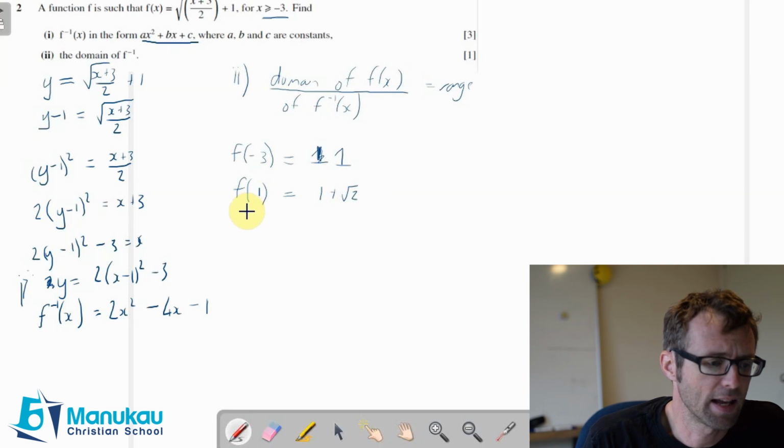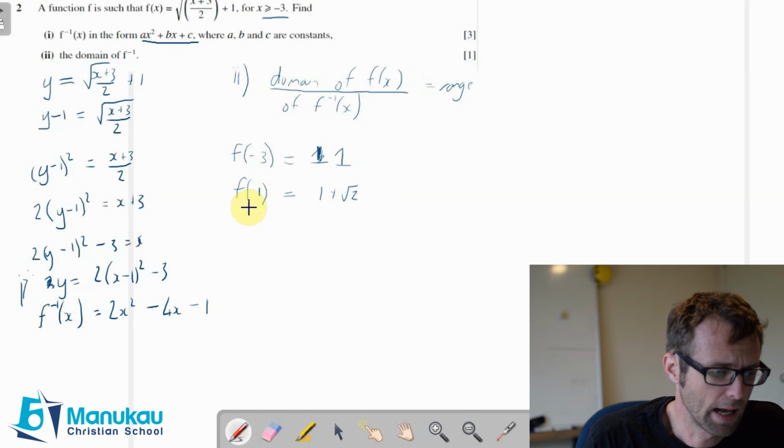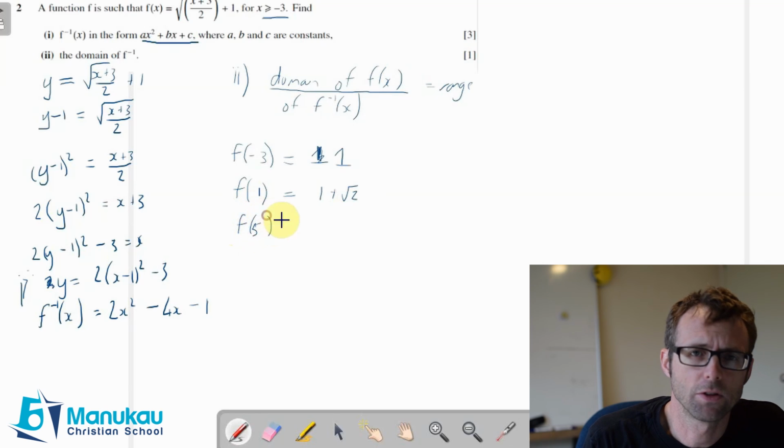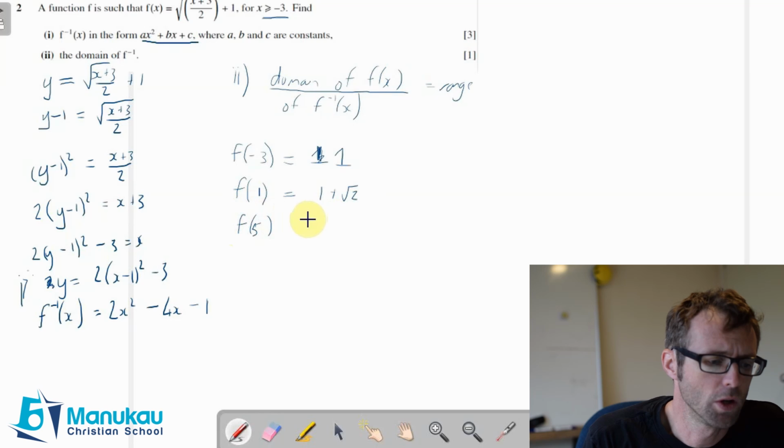And let's say x is 5, so we'll go f of 5. Then we'll have 8 over 2, which is 4. Square root 4 is 2. 2 plus 1 is 3. So you can see that as the values move higher for x, then f of x gets higher.